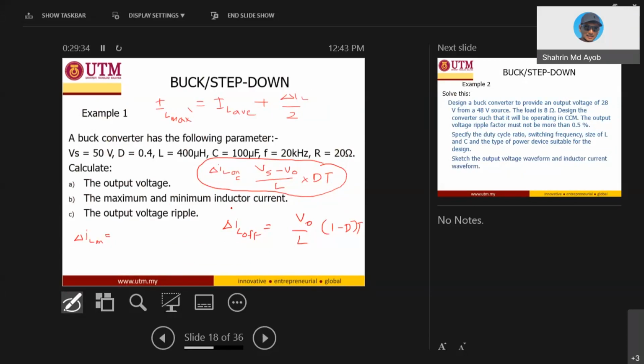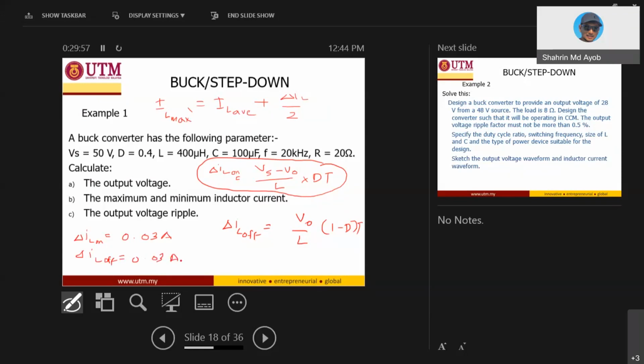Sorry? The same? What is the value? 0.03. Dapat. Okay. 0.03. And delta IL off? You should get the same answer, 0.03 also. Same.